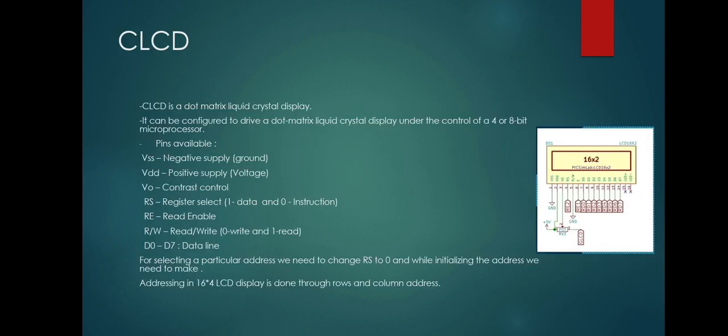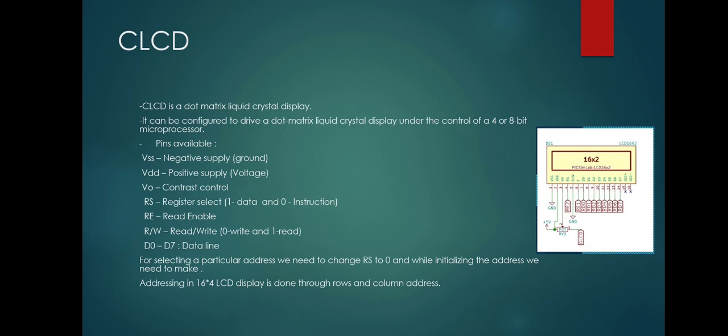So next, let's talk about the CLCD. A CLCD is a dot matrix liquid crystal display. It can be configured to drive a dot matrix liquid crystal display under the control of a 4-bit or 8-bit microprocessor.